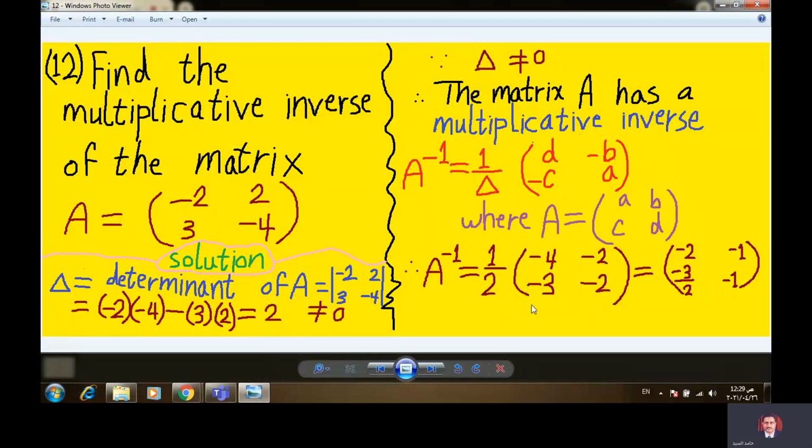Now half times this matrix negative 4, negative 2, negative 3, and negative 2. Why? According to this rule: alternate these elements of the main diagonal and change the sign of the other diagonal.